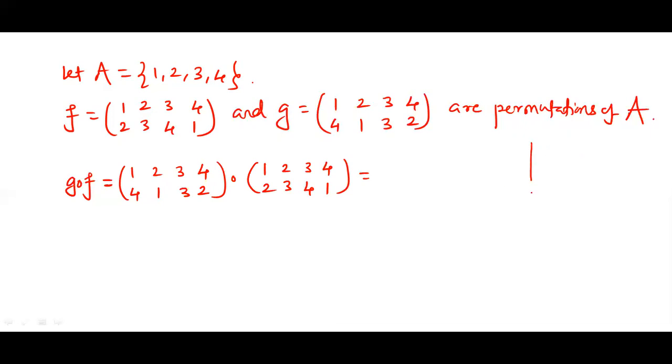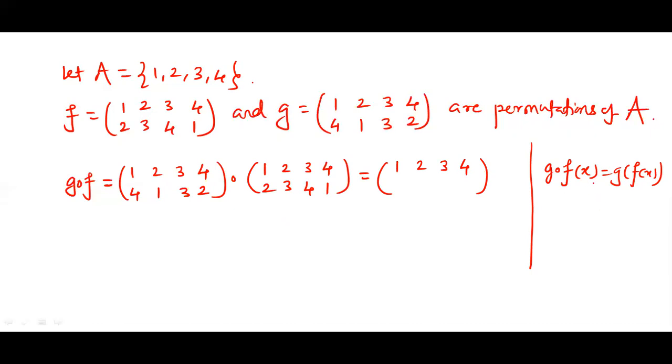We know that by definition of composition of function, g naught f of x is nothing but g of f of x. We are going to write a permutation g naught f.